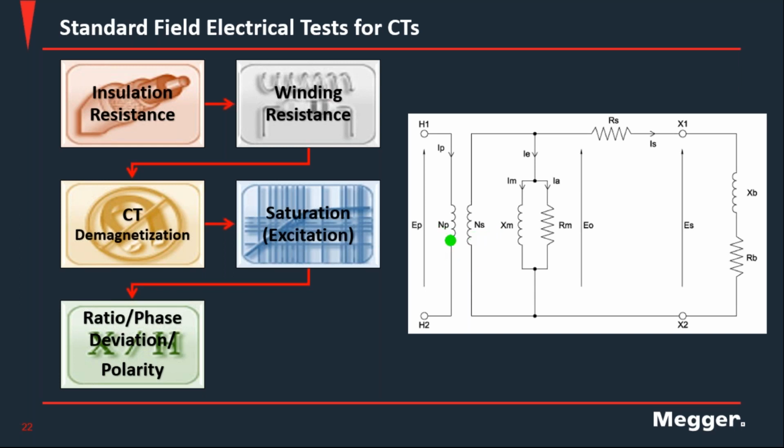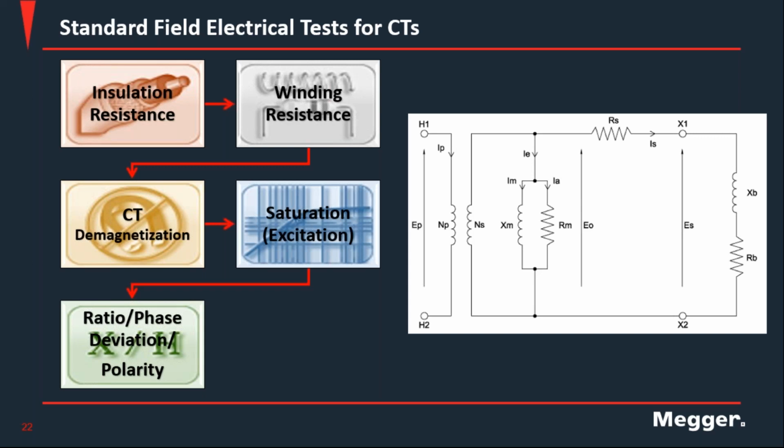And then you're going to have a phase deviation, so it's also affected in phase. So with this, now you can see that we have pretty much all the parameters in this circuit. In essence, we can model the instrument transformer, and we can perform calculations from that point on.